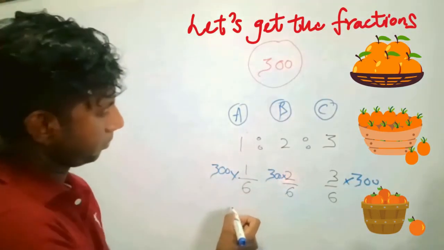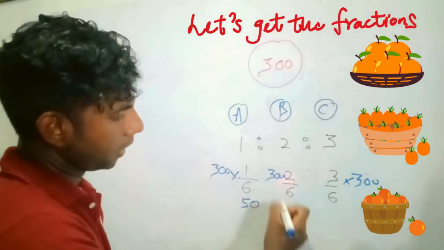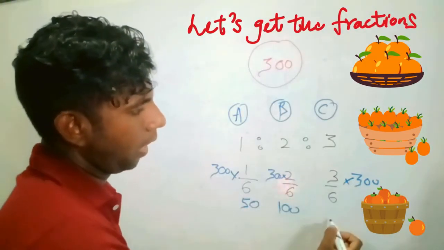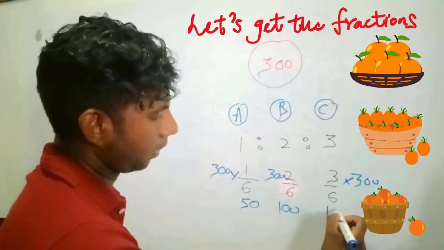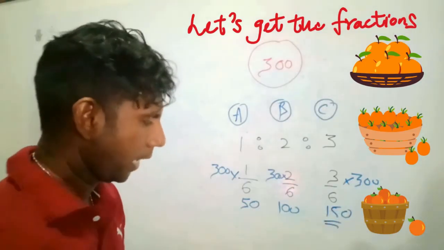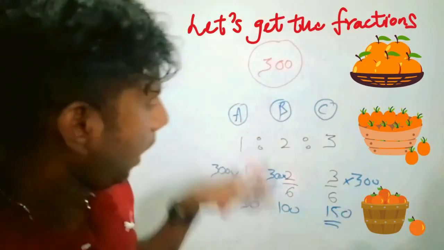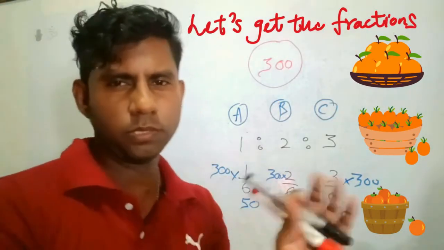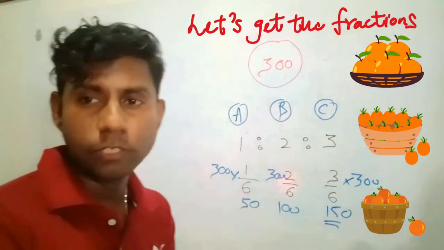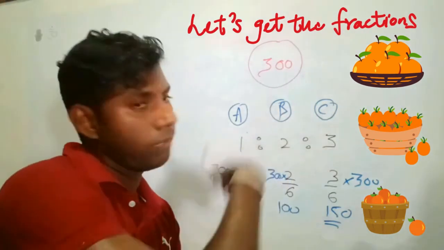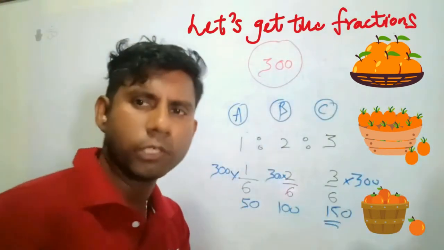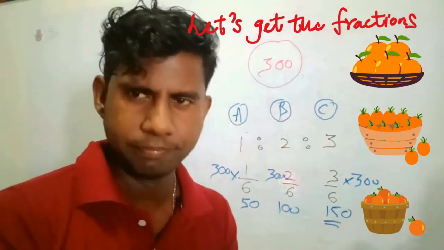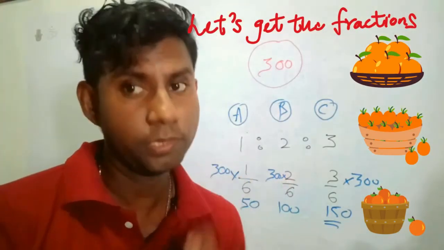Here we get 50, here 100 and here 150. So A gets 50, B gets 100 and C gets 150. This is the method for getting 3 ratios. Even if we get 4, 5, 6 ratio values, we apply the very same method. Right, moving on to the other scenario.